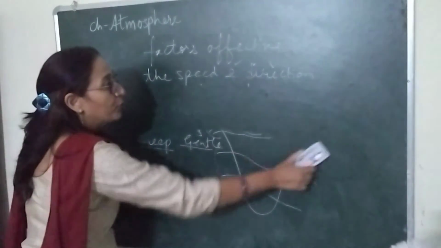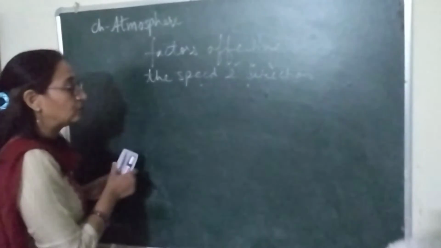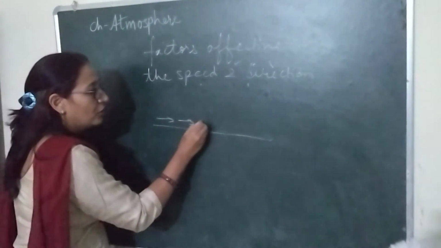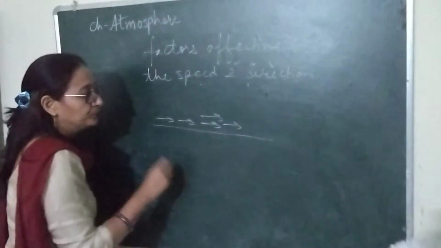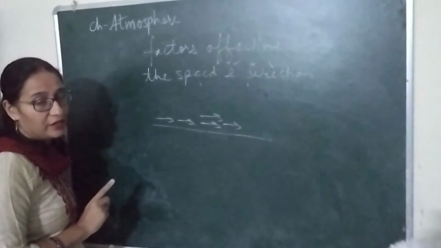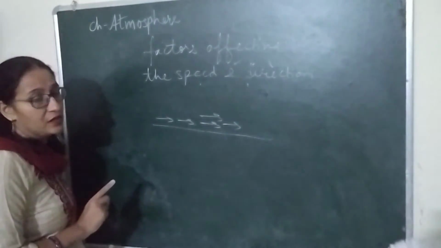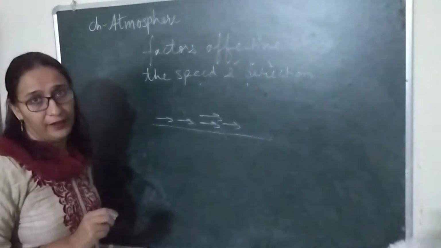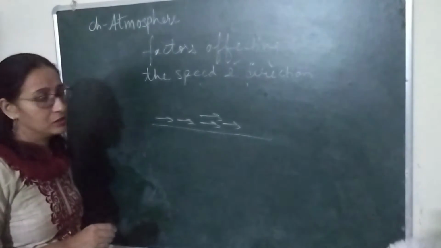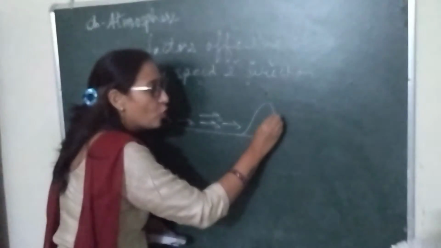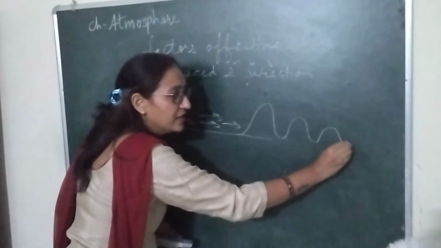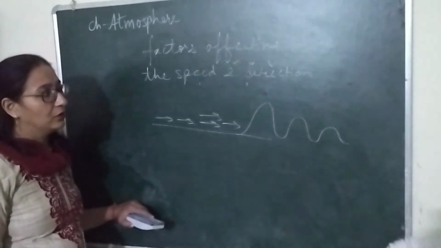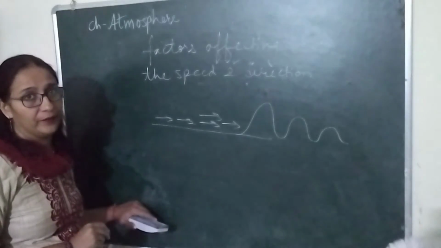Now, another important point that we have to learn, when the wind or air blow near the earth's surface, that air does not blow freely, because there are so many irregularities, unevenness that will come in the path of the wind.